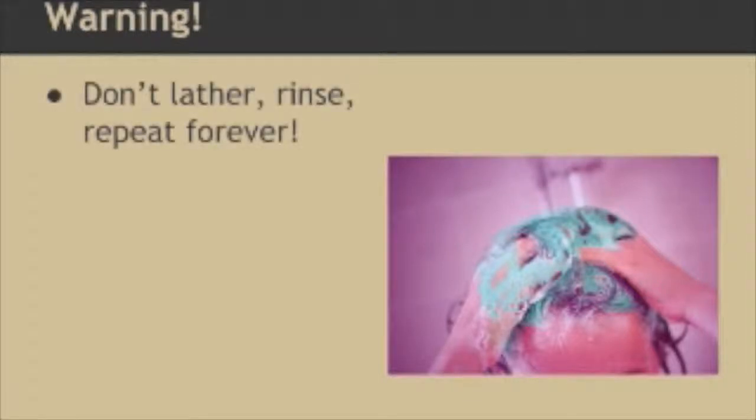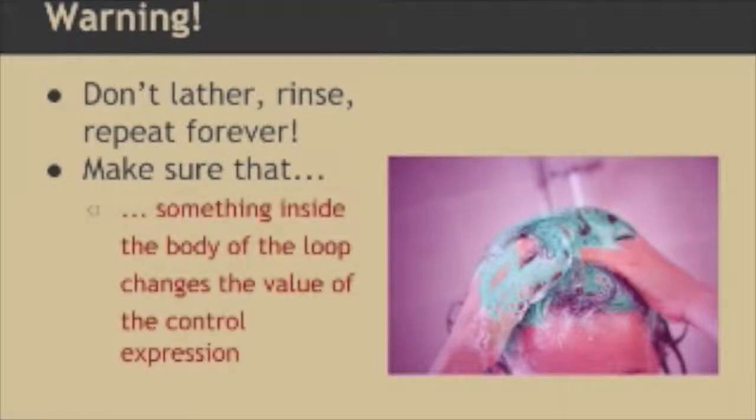Alright, before we continue in the next video learning about the while loop, here's a quick warning. Don't lather, rinse, and repeat forever. Okay? If you caught the joke in the chapter, or if you've ever read the back of a shampoo bottle, you notice that the directions say lather, rinse, repeat. Well, if you follow those to the letter, you'd still be in the shower because it doesn't tell you when to stop. So we have to make sure that in our loops, in our iteration structures that we use, something inside the body of the loop changes the value of that Boolean control expression.